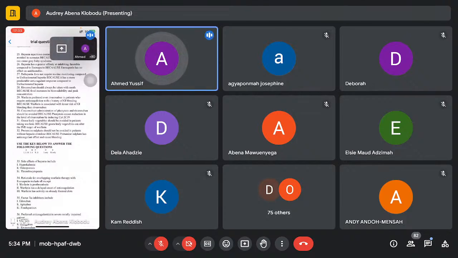So I think in this question, I made a mistake. You should have read protamine sulfate should be avoided, so you cancel the not. So it should be avoided in patients without heparin overdose because protamine sulfate has anticoagulant effect and can cause bleeding. So you answer it that way.